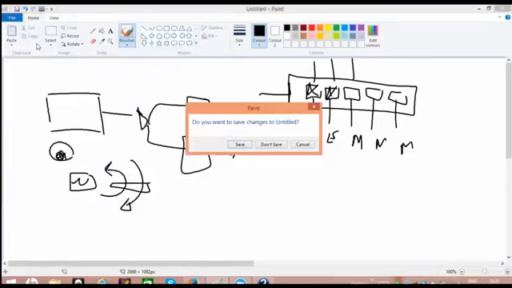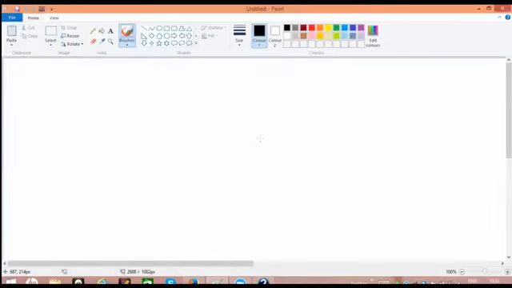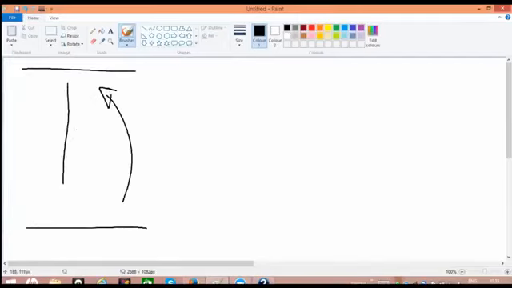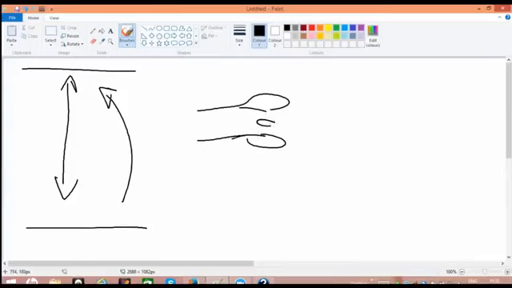Maybe we can understand a piece of knowledge we shared. I just explained to you the current flow and the potential difference. Do you remember putting the two hands and creating the field?